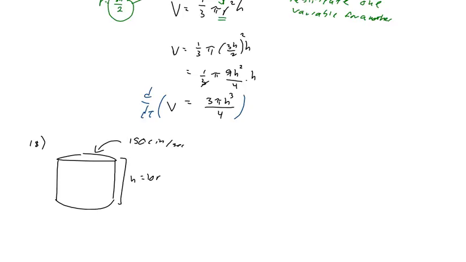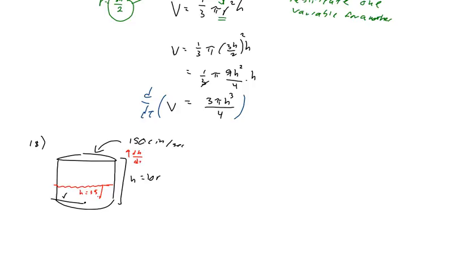So we want to know dH/dt. We don't know what R is, but we know that the height of the oil at the moment, when it's 35 inches, is H. So we have these relationships.